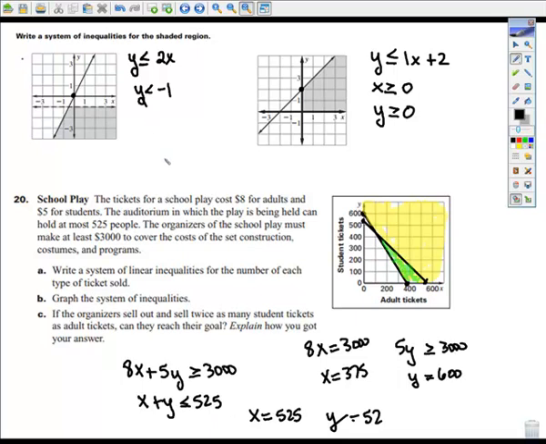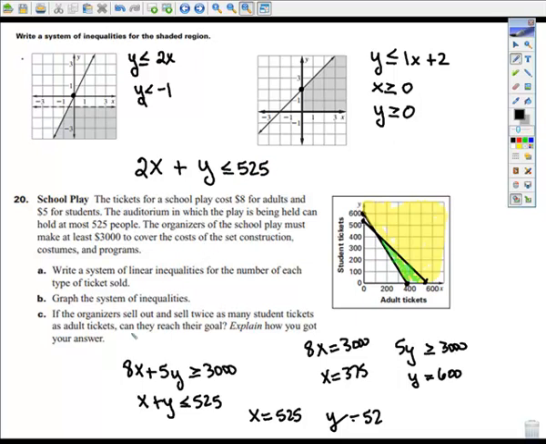So we get the student tickets, twice as many. Here's adults, here's students. Twice as many students as adults, so adults have to have the 2. And then this is less than or equal to 525.